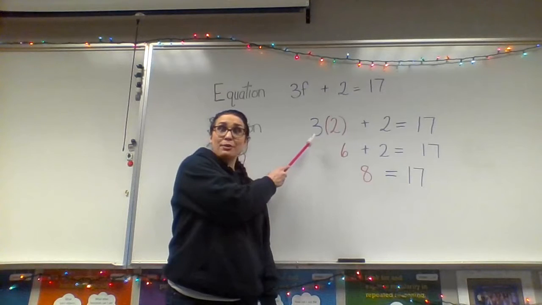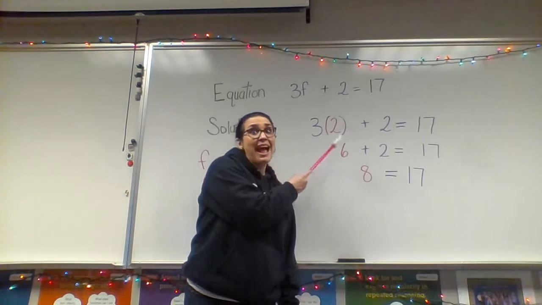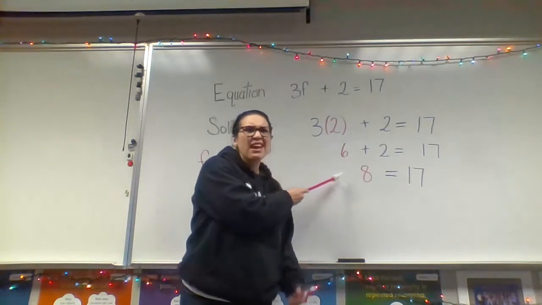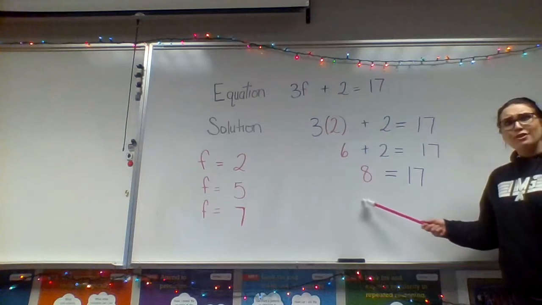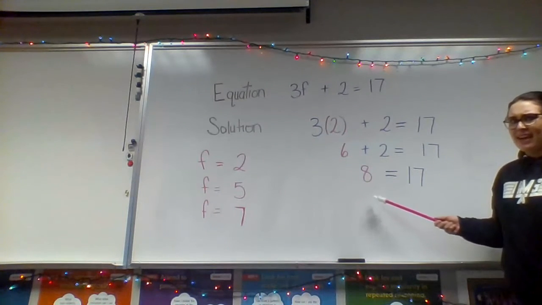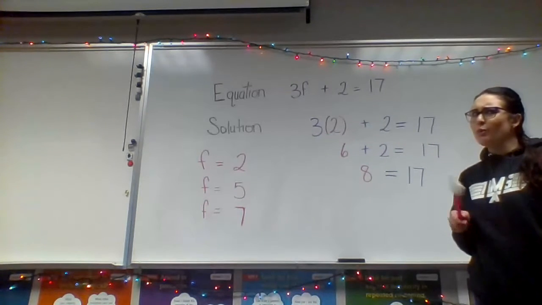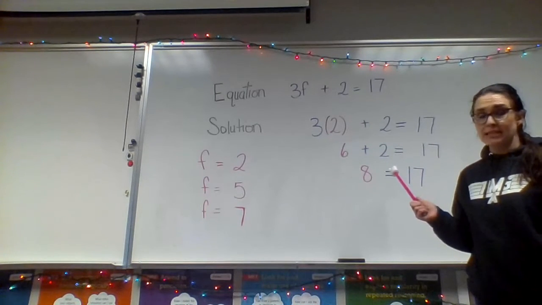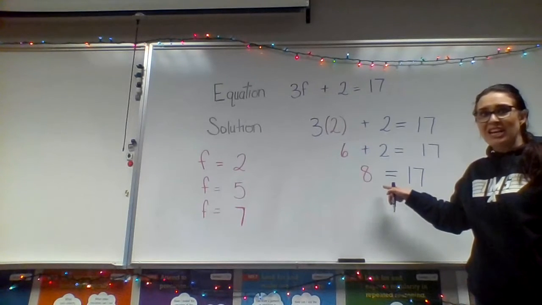I know that 3 times 2 is 6, and then 6 plus 2 would actually be 8, right? But now let's look at this little equation that we have down here. So over here, this equation is telling me that 8 is equal to 17. And I don't know about you, but I'm pretty sure that is not correct. Now, how do I show that 17 and 8 are not equal?